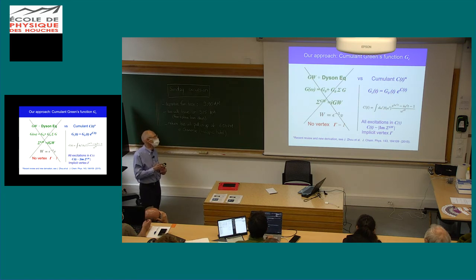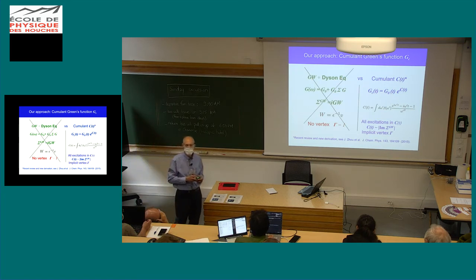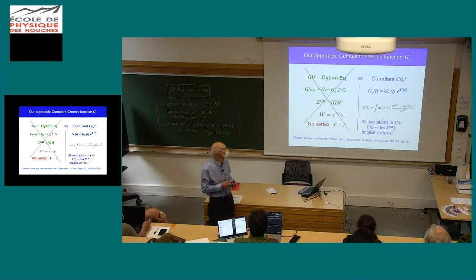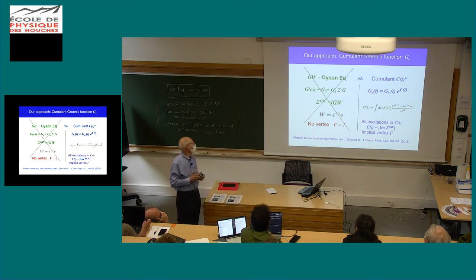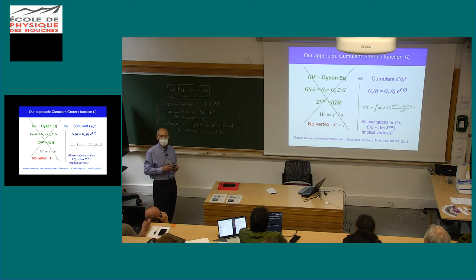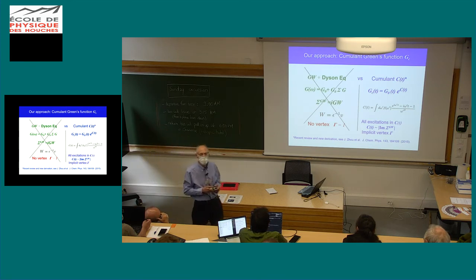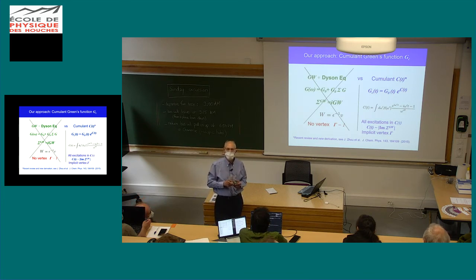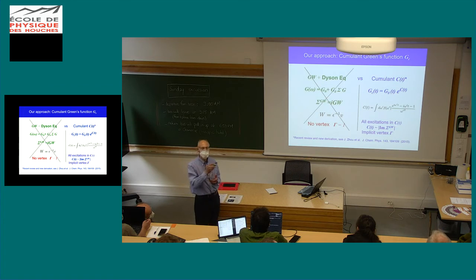Dyson equation works beautifully for the quasi-particle, but it works terribly for calculating effects beyond the quasi-particle. What Lars Hedin said was if you want to judge the quality of a many-body problem, always look at how it treats the satellites. That's what Maria this morning said were those peaks beyond the quasi-particle.